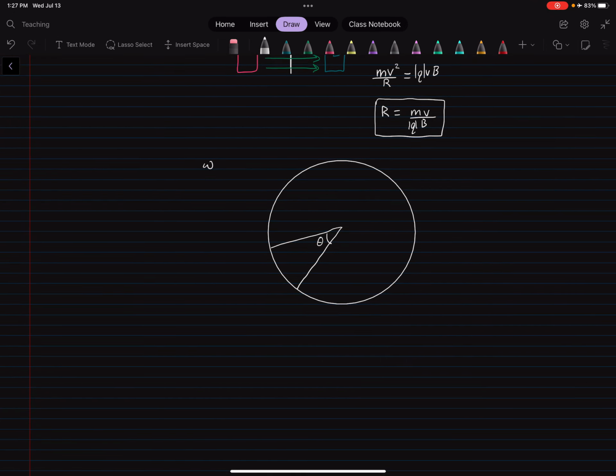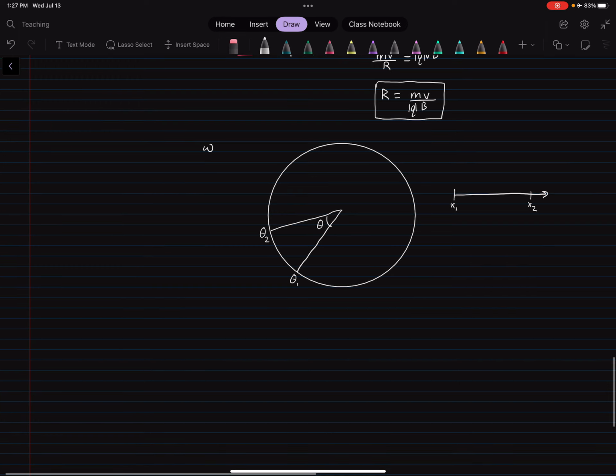So for rotation, instead of saying something goes from x1 to x2, we say that it goes from theta 1 to theta 2. This is linear, and this is rotational.